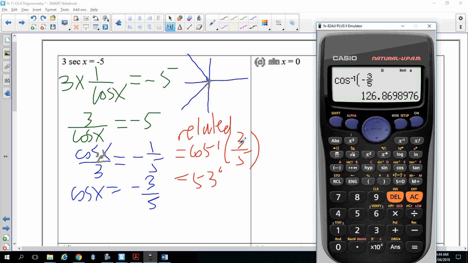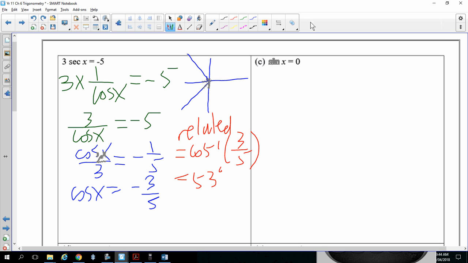Okay, and then you find the actual angle. So how do I find the actual angle? You have to go like this. In the second quadrant, you just do 180 minus 53.